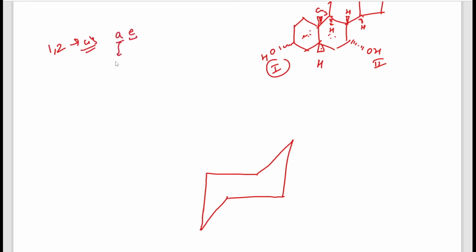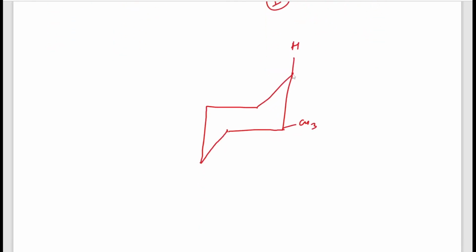Okay, so we will prefer methyl at equatorial and hydrogen at axial. So this is methyl at equatorial and this is hydrogen at axial position. So ultimately the second ring will be this.